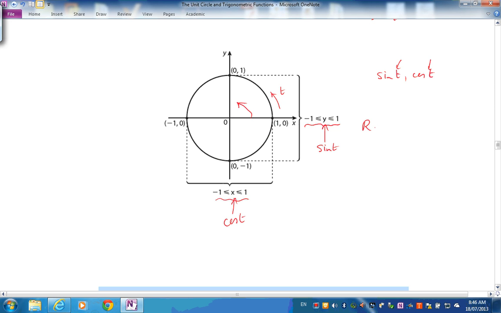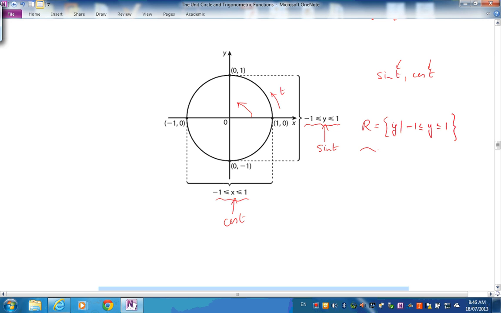So the range statement would be like this. It's a set of values here of y such that y is between -1 and 1. Isn't it? Because the x and y coordinates here, the sine and the cos, are both between 1 and -1.